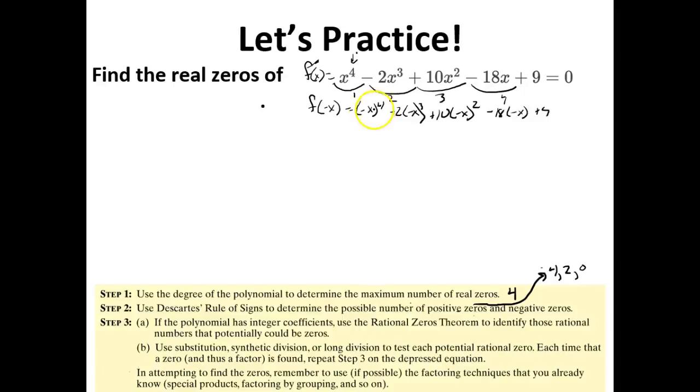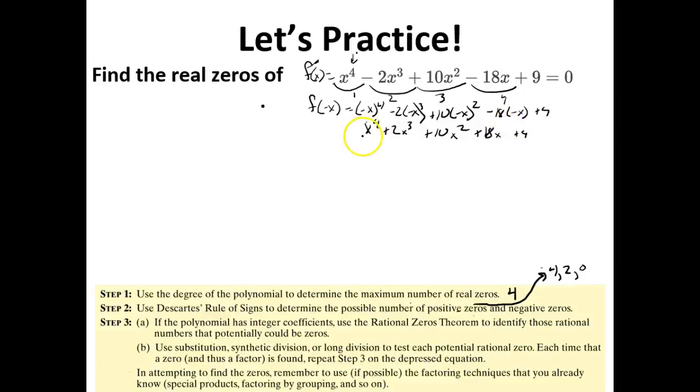Negative to the 4th is going to be x to the 4th. We have negative to the 3rd, negative times another negative is going to be positive 2x to the 3rd. Negative squared is going to be positive. Negative times negative is going to be a positive, and plus 9.